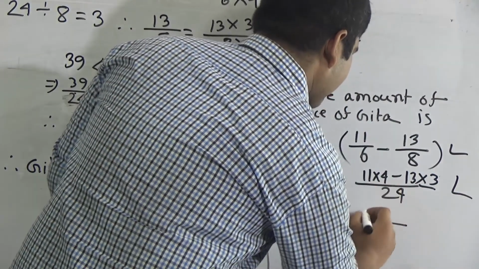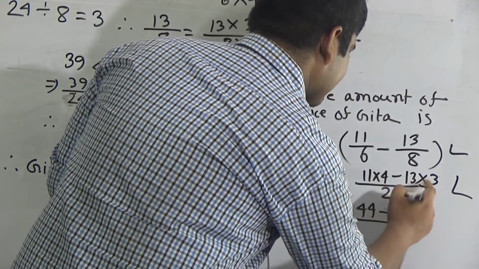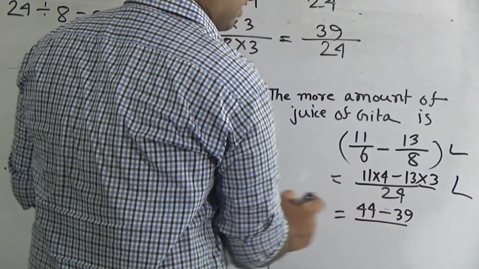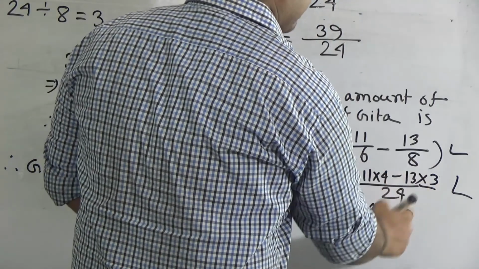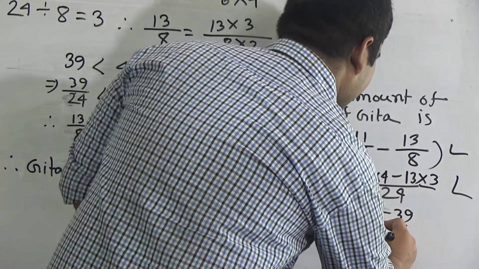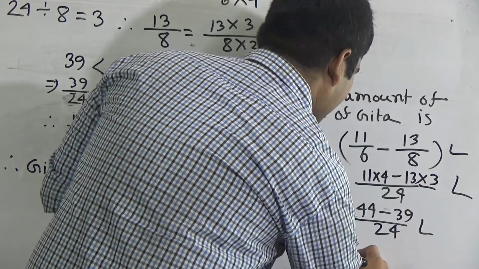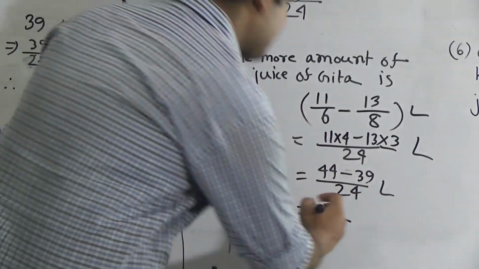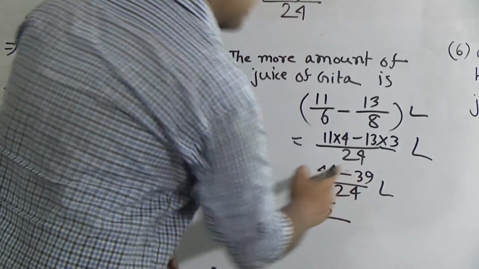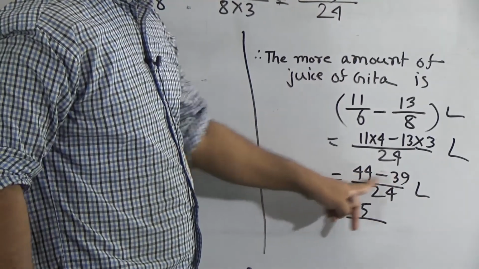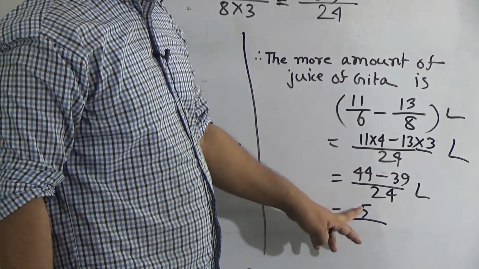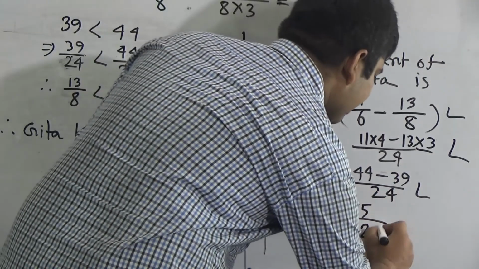Next 44 minus 39: 11 times 4 is 44, 13 times 3 is 39, over 24 liter. Then we subtract 9 from 14, we get 5. Carrying on, that one is added with this 3. 4 minus 4 we get 0. So no need to write 0 to the left of 5. So 5/24 liter.